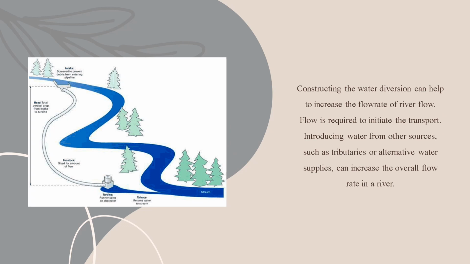This is the water diversion. Constructing a water diversion can help to increase the flow rate of the river flow. Flow is required to initiate the transport. Introducing water from other sources such as tributaries or an alternative water supply can increase the overall flow rate in a river.